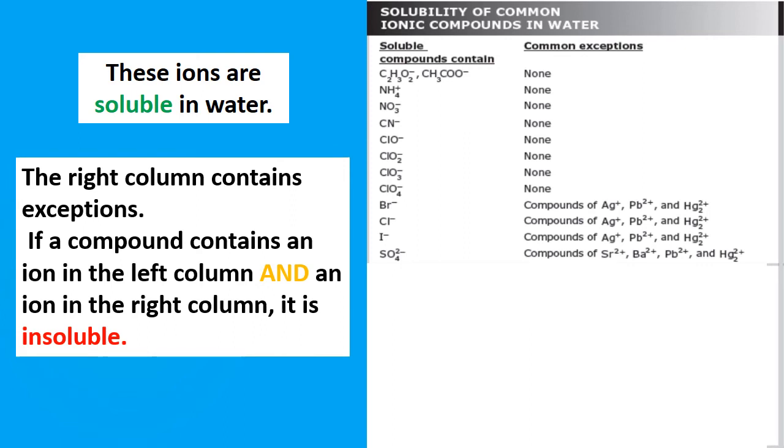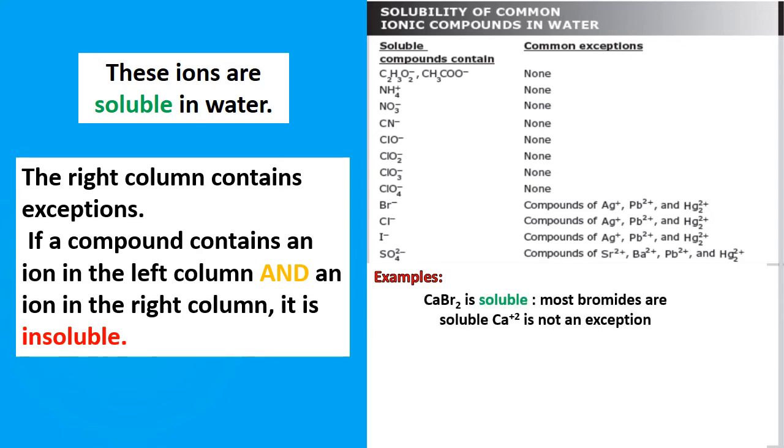So let's look at some examples of these. We have calcium bromide. We find our bromide ion, and we say that all compounds of bromide ions are normally soluble with the exception of silver, lead, and mercury.